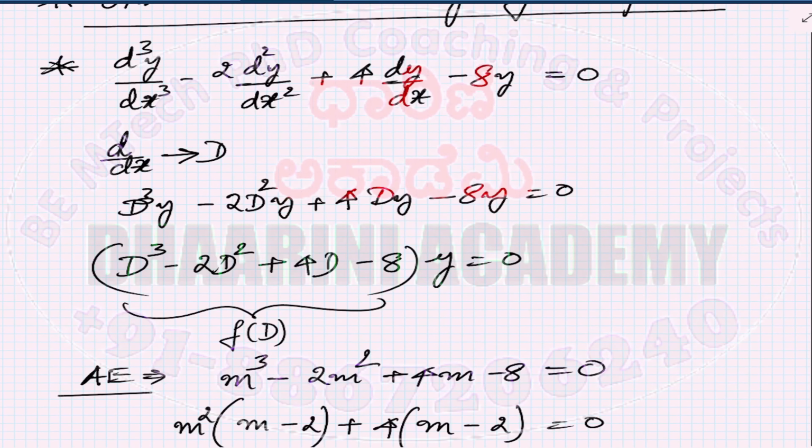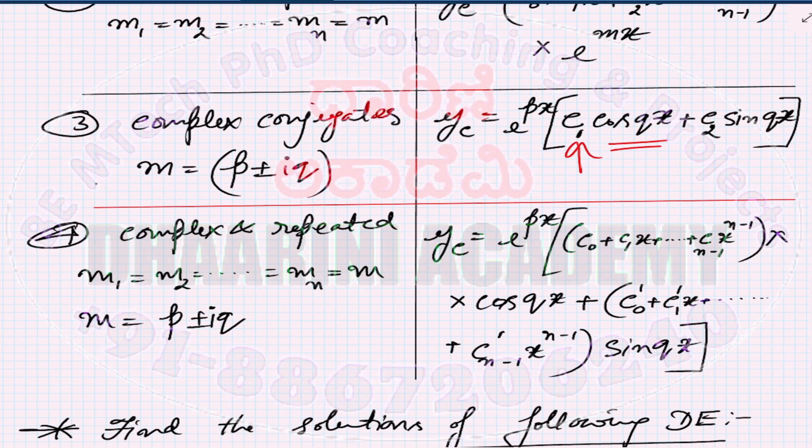Right? Let's go back to the table. So this is the second category. The second and the third root, they are under this category. Okay, and what is your solution? The solution you are going to write according to this notation.